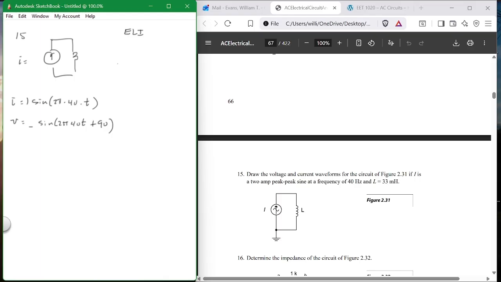The last one was minus 90, but now you say plus 90 because voltage leads current by 90 degrees in a pure inductor. So, if the inductor starts with the I, you add 90 for the V. If you start with a V, you subtract for the I. Okay? That makes sense? That's exactly how it's done.